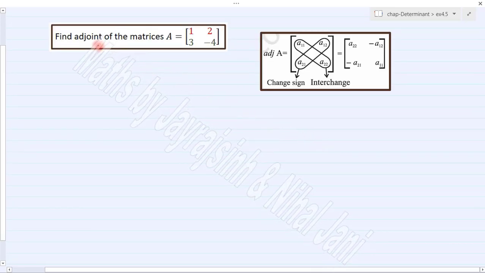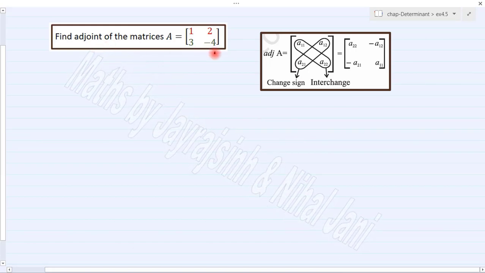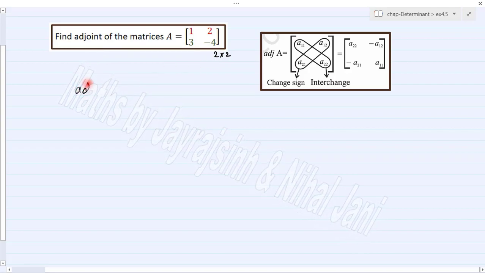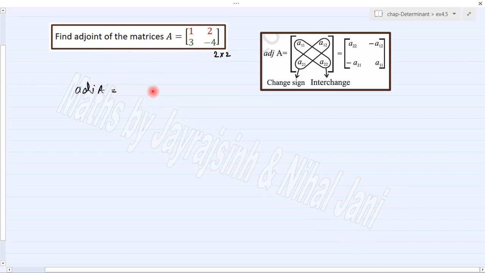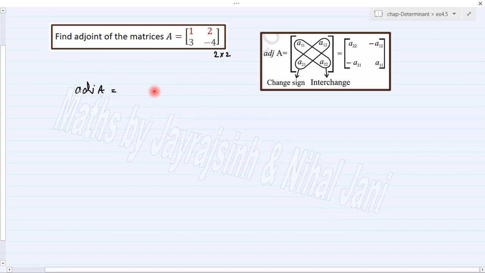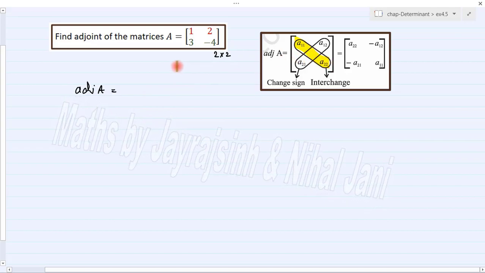In this question, we have to find adjoint of matrix A, which is order of 2 cross 2. And to find out adjoint of 2 cross 2 matrix, we have one easy method. First of all, we have to interchange principal diagonal elements.